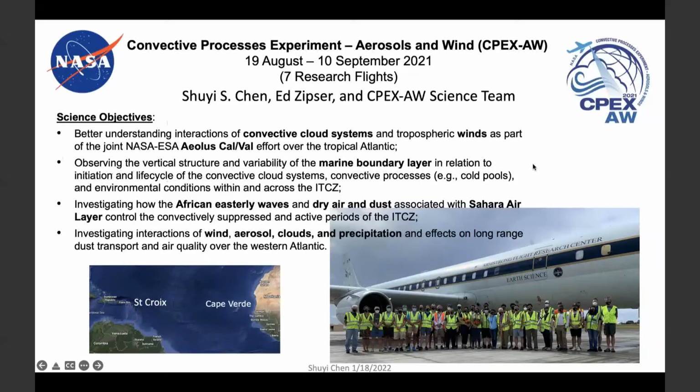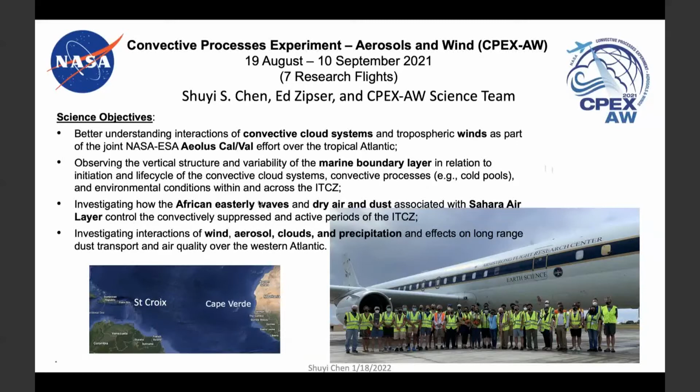You probably know we've been having the ITCZ, double ITCZ problem in models forever. This part of the effort is trying to observe wind and convective structure at the same time.